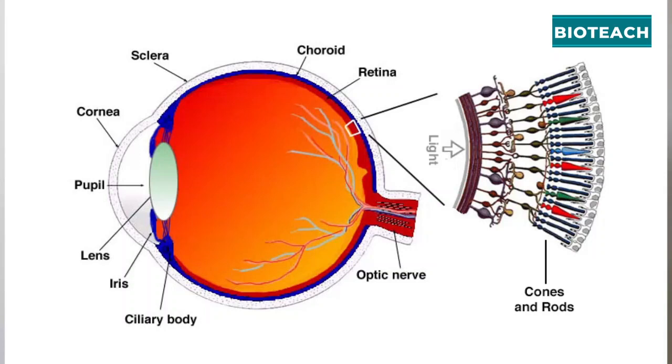Then the inner layer is called retina, tunica nervosa. It has a series of cells from inside to outside: ganglion cells, bipolar cells, photoreceptor cells and pigment cells. There are two types of photoreceptor cells, rods and cones.